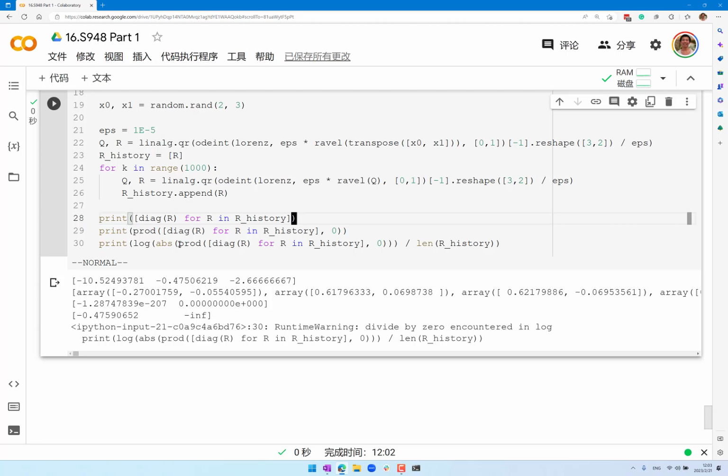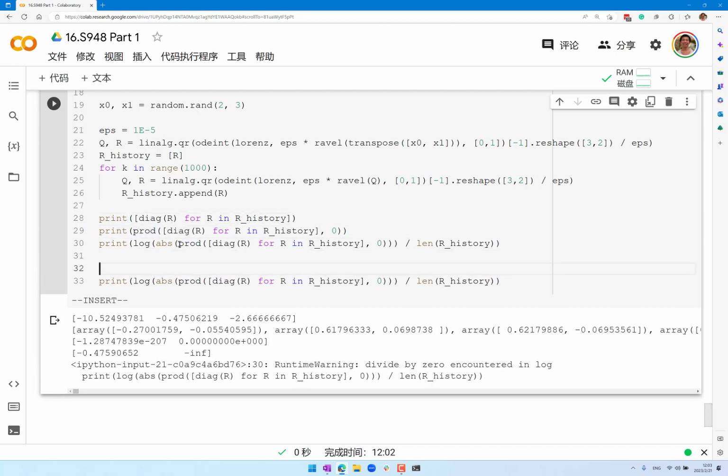Let me do a better numerics. First, switch the product and the absolute value. That's no problem. Then we are doing the logarithm of the product. What is the logarithm of a product? It's the sum of the logs.